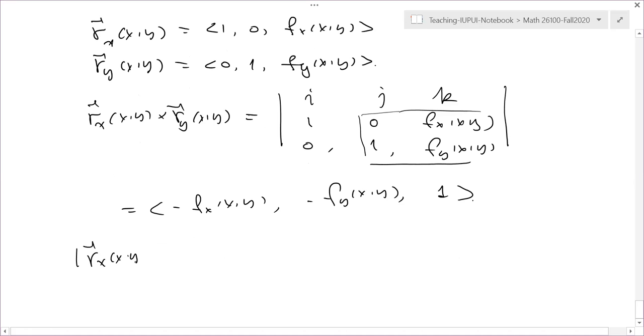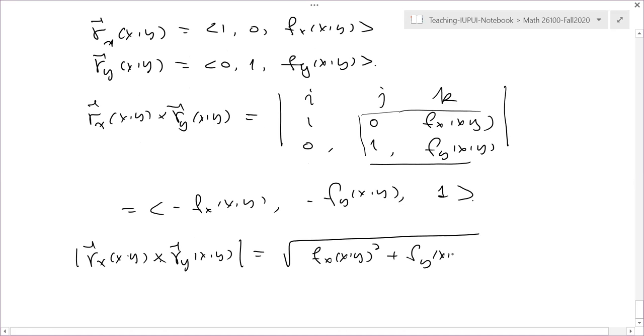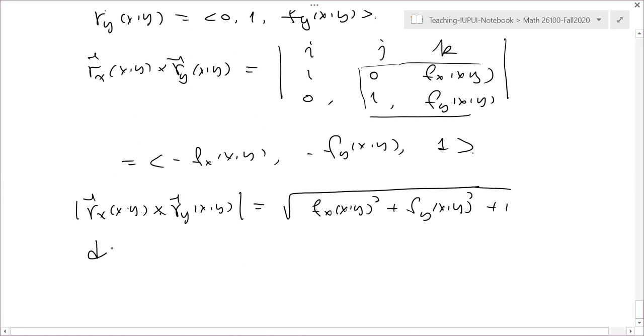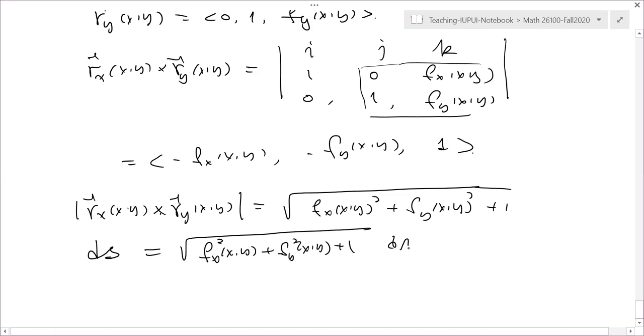Its length is going to be the square root of f_x squared plus f_y squared plus 1. So our dS is this times dA, and dA, the area element, is dx dy in the xy plane.